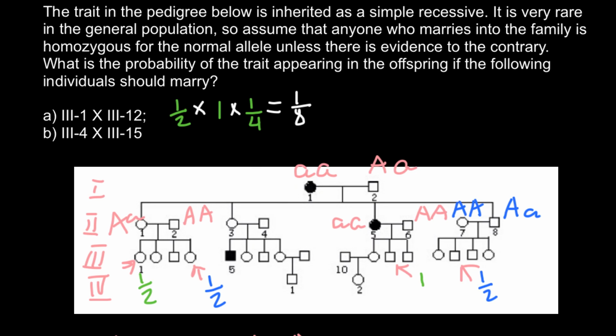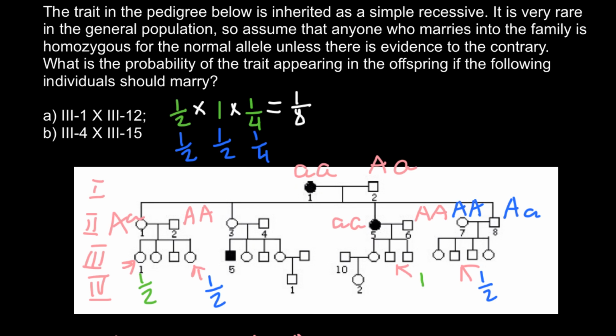Once again, probability that this person is heterozygous according to our calculations is 1/2. Probability that the second person here is also heterozygous is 1/2. And probability that they would have an affected child would be 1/4.